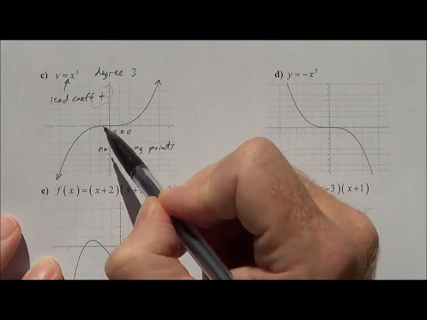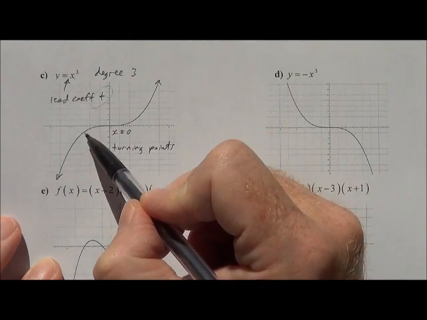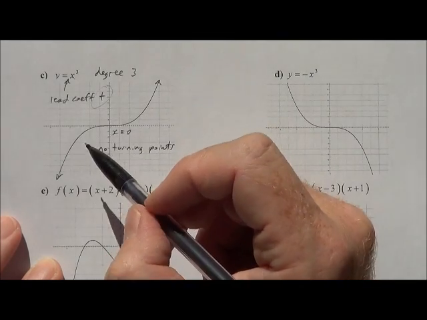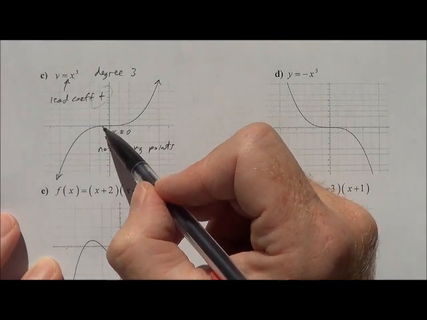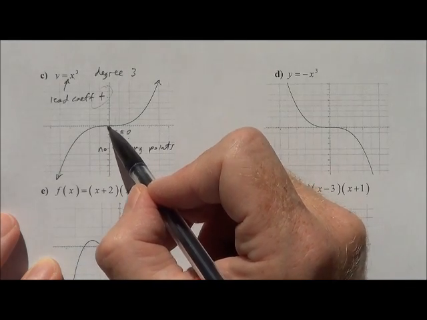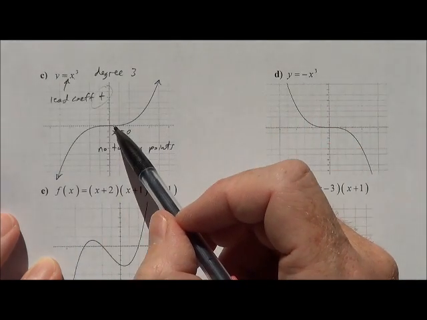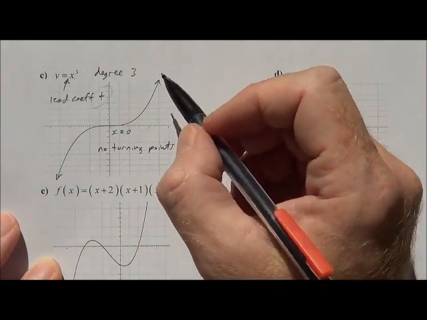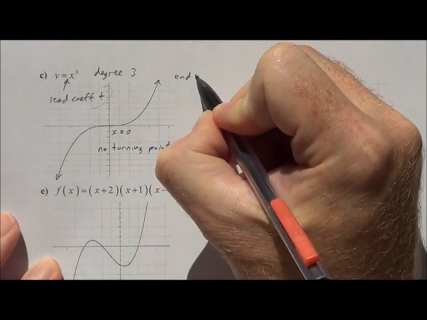In this case, it doesn't change. It levels off a bit, but then continues increasing. It's not decreasing, it's sort of horizontal. So there are no turning points in this case.